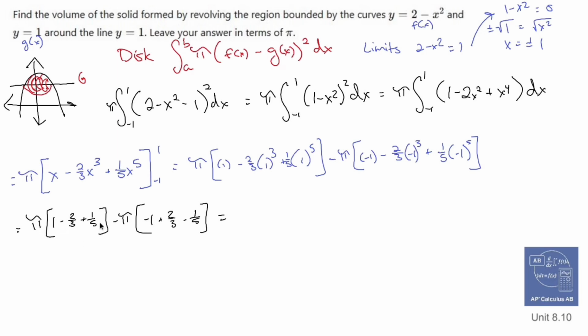Common denominators of 15 change that first bracket into 15 over 15, minus 10 over 15, plus 3 over 15, minus pi, and do the same thing: negative 15 over 15, plus 10 over 15, minus 3 over 15.